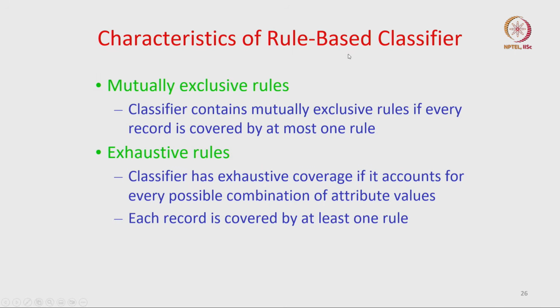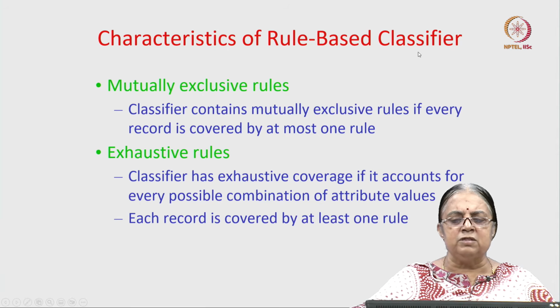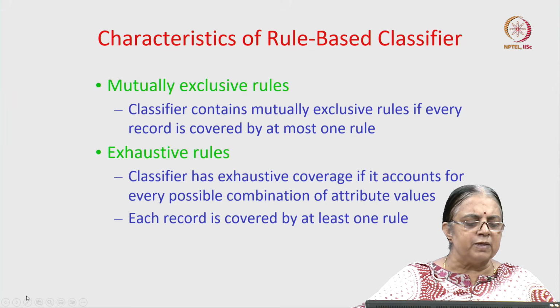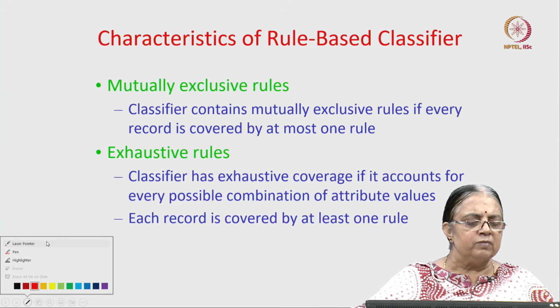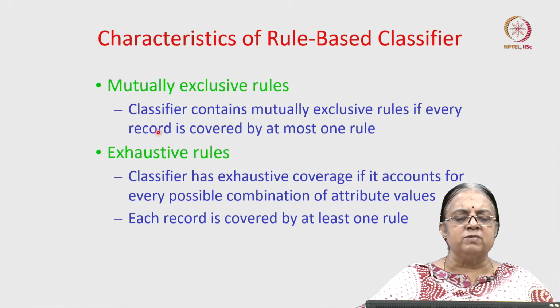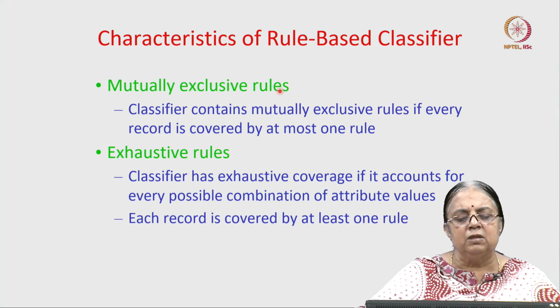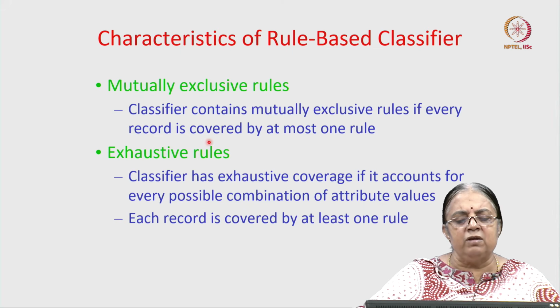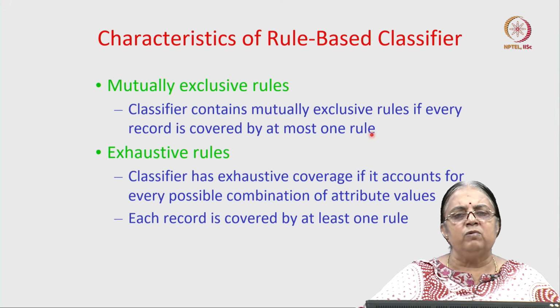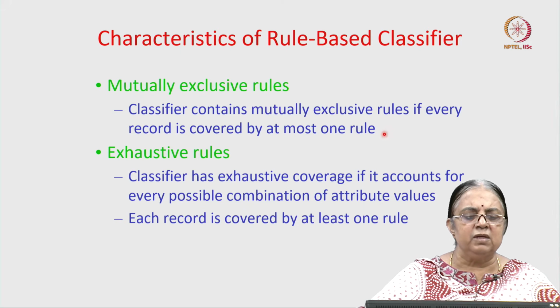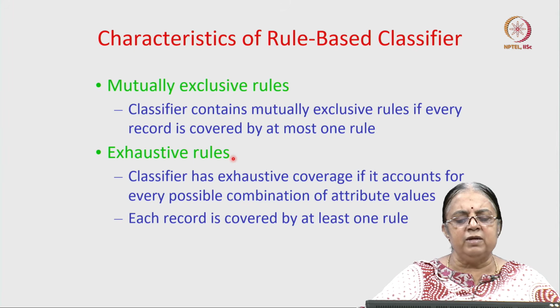Okay, what are the characteristics of the rules? Because the rules are the important aspect of rule based systems. You need mutually exclusive rules. What does it mean? It means that every record is covered by only one rule. And what are exhaustive rules?